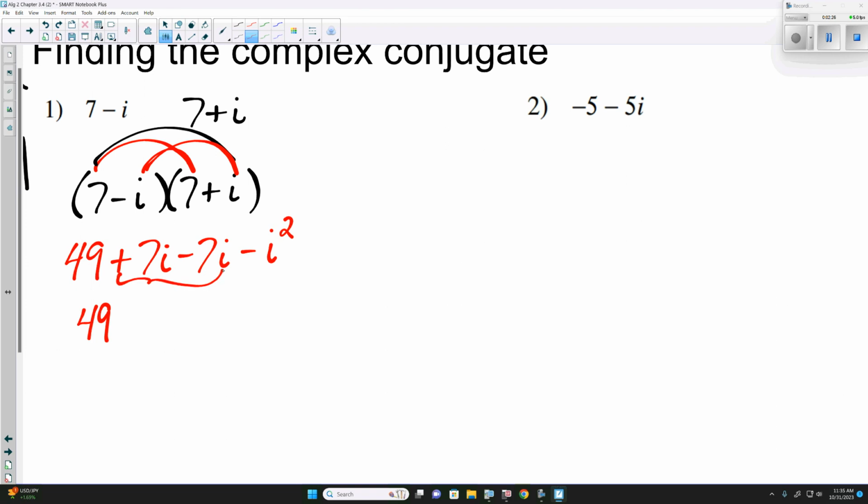What's our 7i minus 7i? It's just 7i minus 7i. Oh, 0. Yeah, 0. And we said yesterday i squared is negative 1.